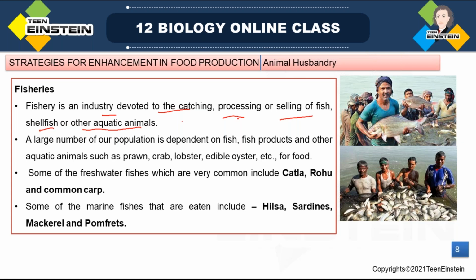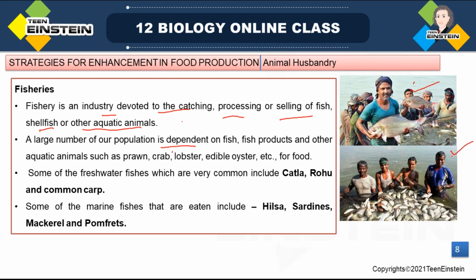So you can see a large population depending on fish. See here, these people are mainly depending on fish for their income, or their main income is this fisheries industry.